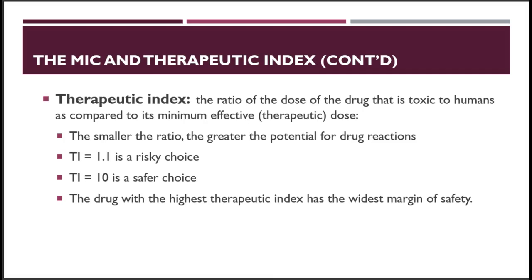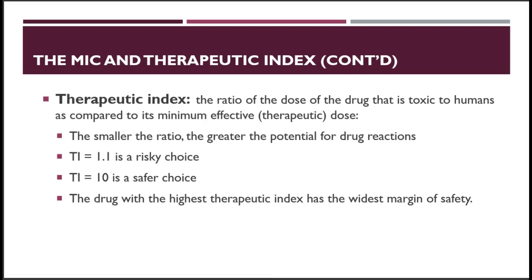We want a ratio that is high, a large ratio. We want a significant difference between the toxic dose and the effective dose. So the smaller the ratio, the greater there is potential for drug reactions, for patients to experience adverse side effects.